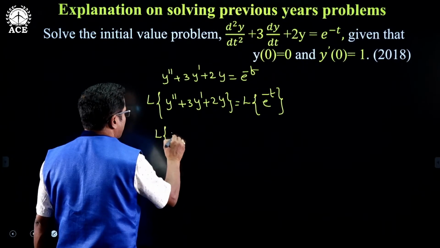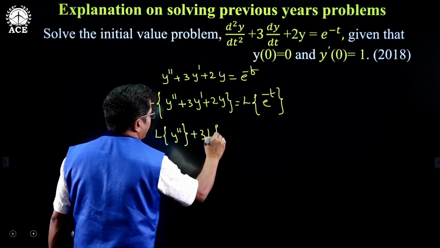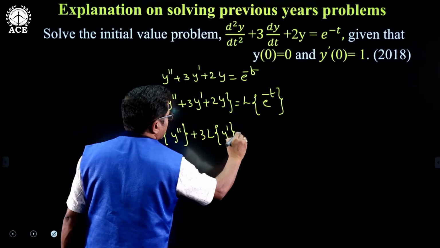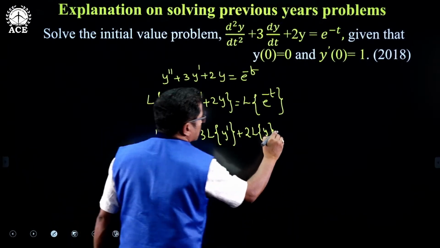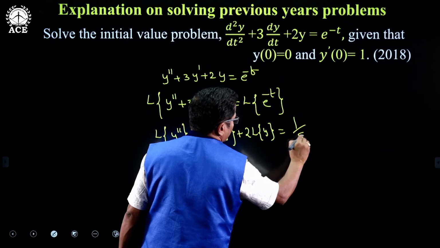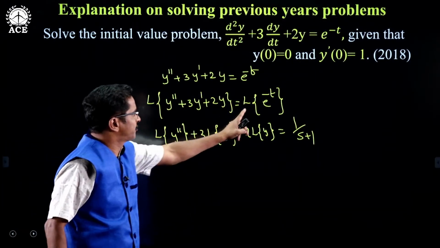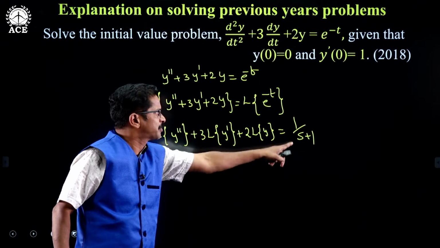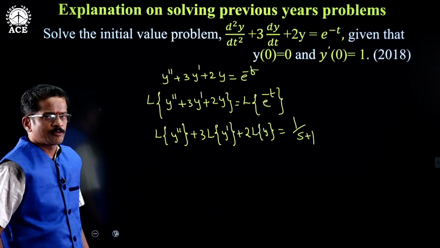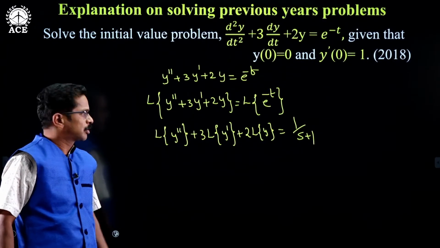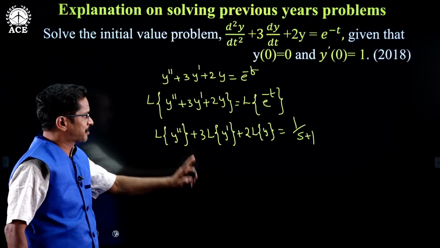So L of y double dash plus 3 into L of y dash plus 2 into L of y is equals to 1 by s plus 1, we can write. This is L of e power minus t means 1 by s plus 1. Standard formula of Laplace transform: L of e power minus at equals 1 by s plus a.